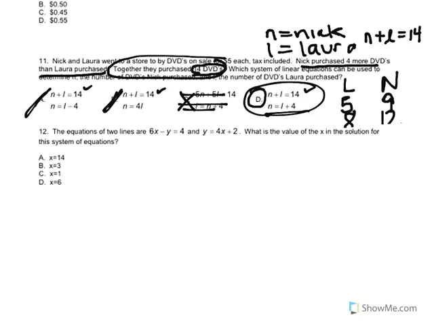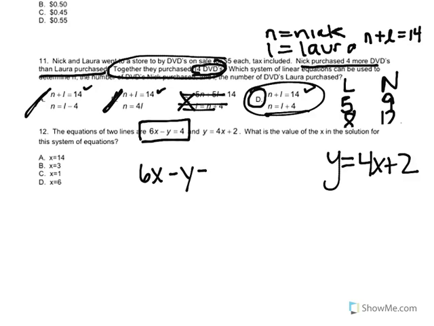I'll tell you what I'm going to do. I'm going to leave the second equation, y equals 4x plus 2. And the first equation, I'm going to solve it for y so that it says y equals. So we have 6x minus y equals 4. I'm going to subtract 6x on both sides.